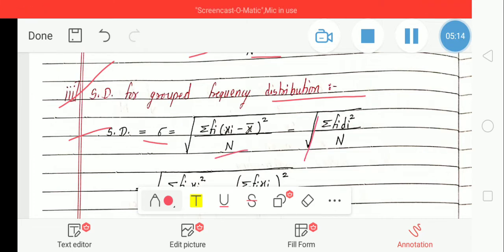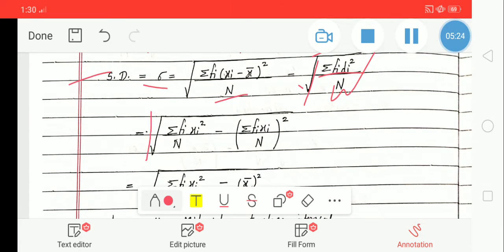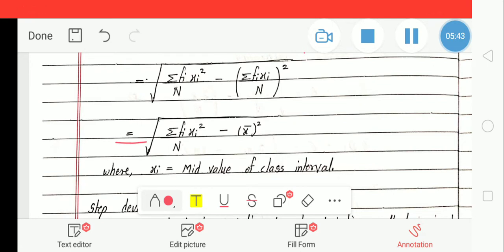We can also write it as the square root of the summation of fi di square divided by n, or the square root of the summation of fi xi square divided by n minus (summation of fi xi divided by n) whole square, that is, minus x bar whole square.